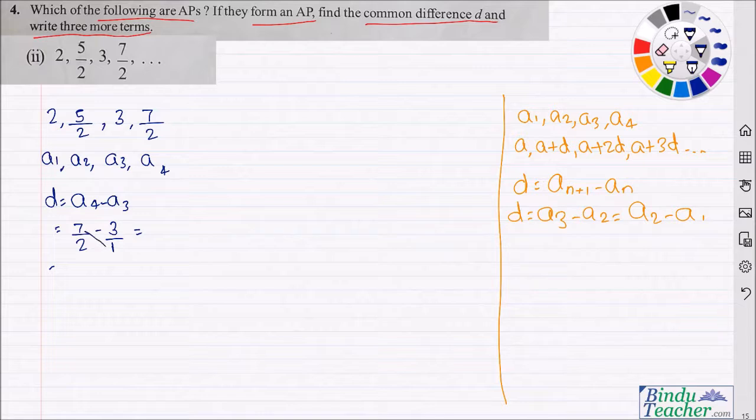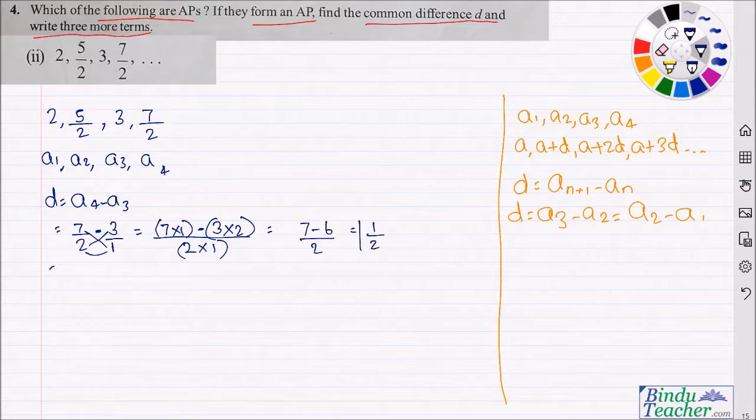So 7 into 1, in brackets, minus 3 into 2, the whole thing divided by denominator into denominator, which is 2 into 1. So we get 7 minus 6 by 2, which is equivalent to 1 by 2. So this is the common difference we found for A4 minus A3.